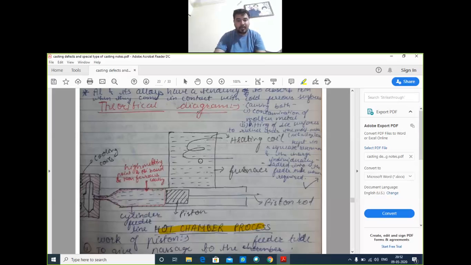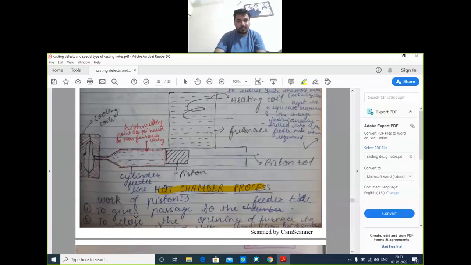After heating, if we open this gate with the help of the piston rod, the molten metal fills the feeder tube. After feeding, we push the piston. Then the molten metal passes through the nozzle and goes to the die, and after solidification we get the final product.